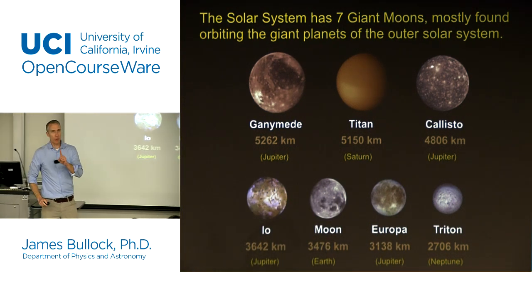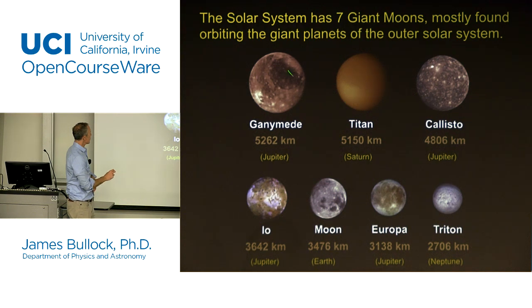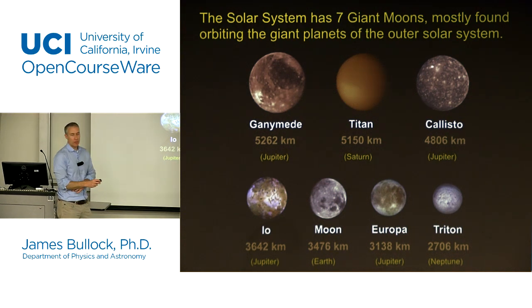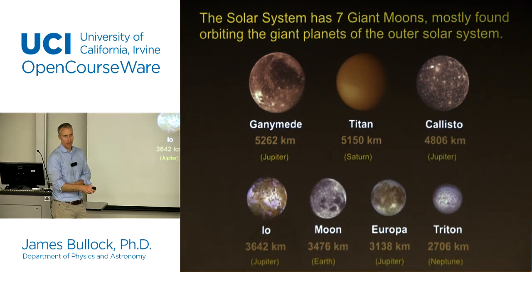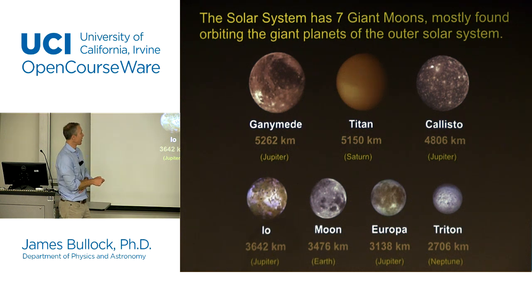The other thing, though, that's important about these moons is that they turn out to be very interesting places to think about hunting for life. And that's because a lot of them, for example Europa here, and maybe Ganymede, have liquid water oceans underneath their icy surfaces. And in fact, they probably have more liquid water than we have on Earth.